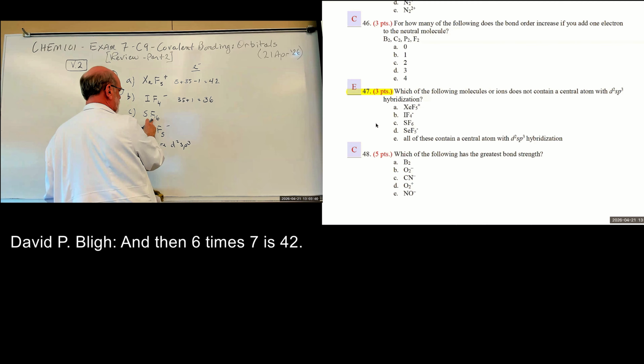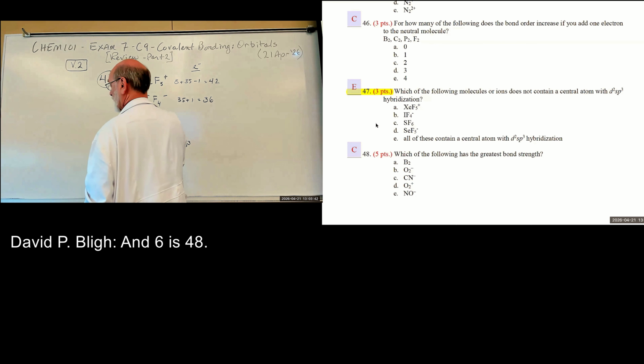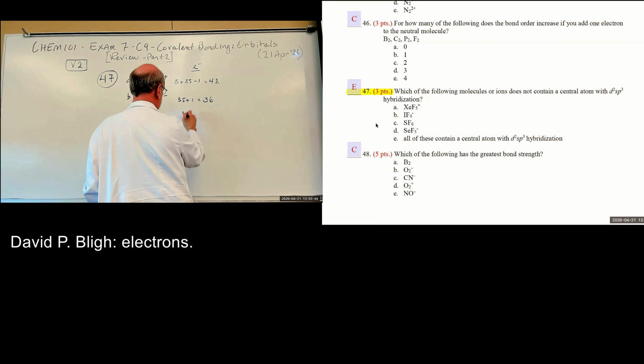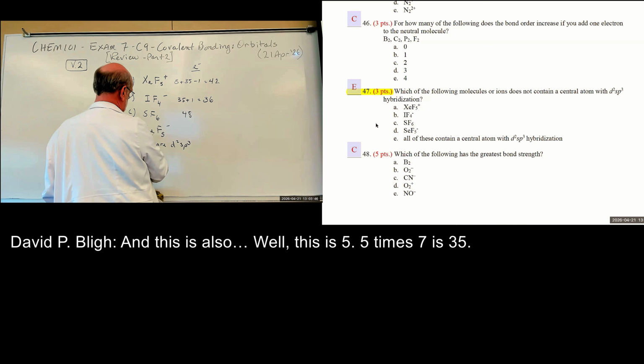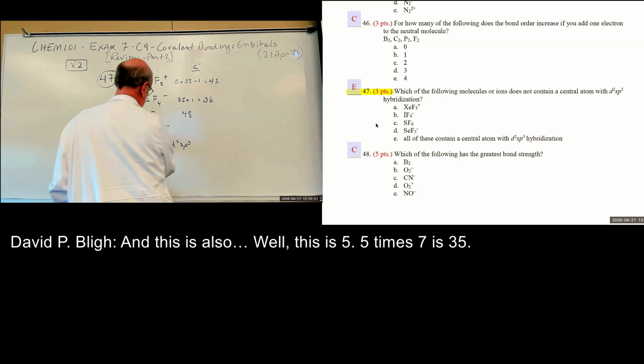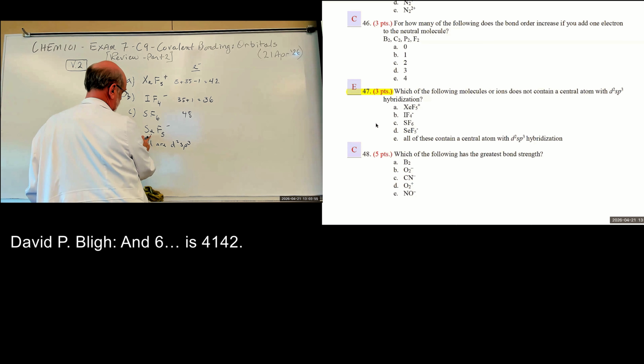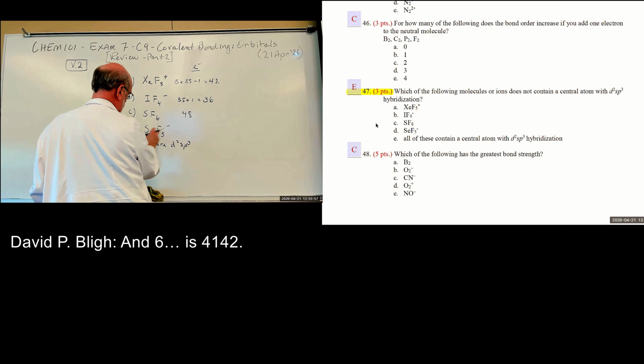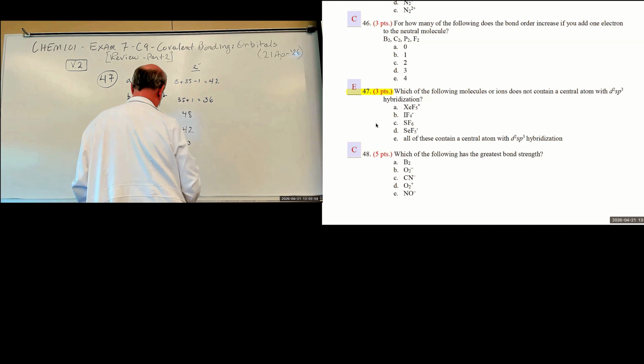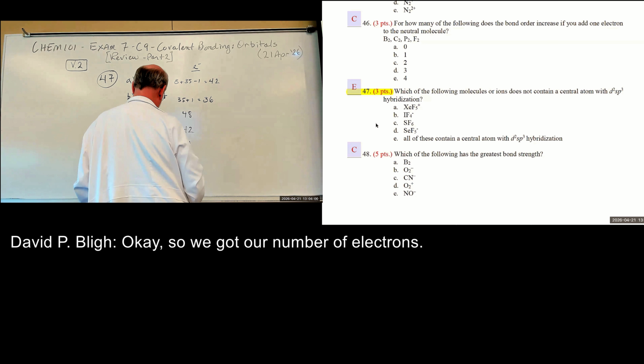And then 6 times 7 is 42, and 6 is 48 electrons. And this one, 5 times 7 is 35, and 6 is 41, 42. Okay, so we got our number of electrons.